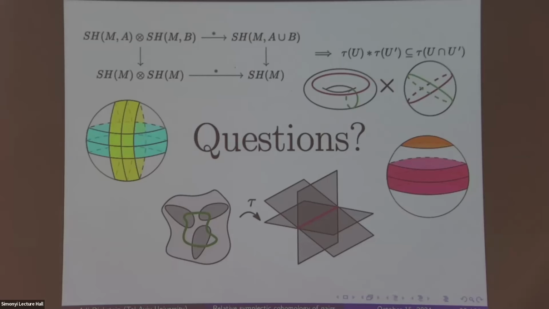And also, when we tried to talk about all of this relative symplectic cohomology, we would like to prove what's called the simplicity conjecture on quasi-states. It says that any Floer-homological quasi-state is simple.